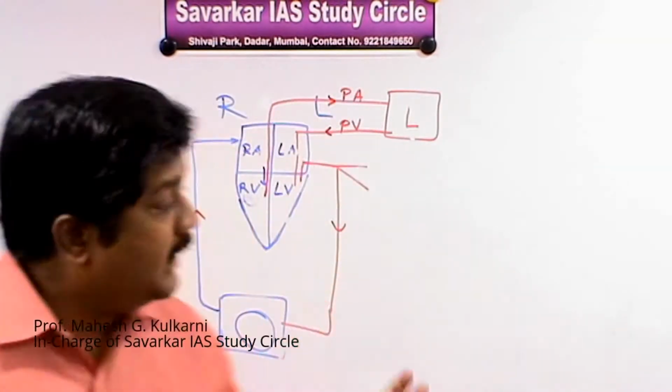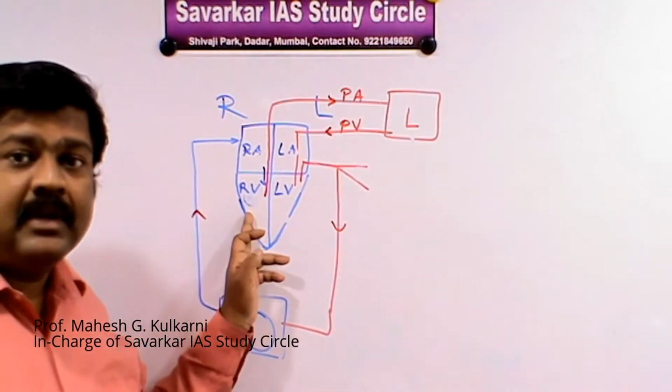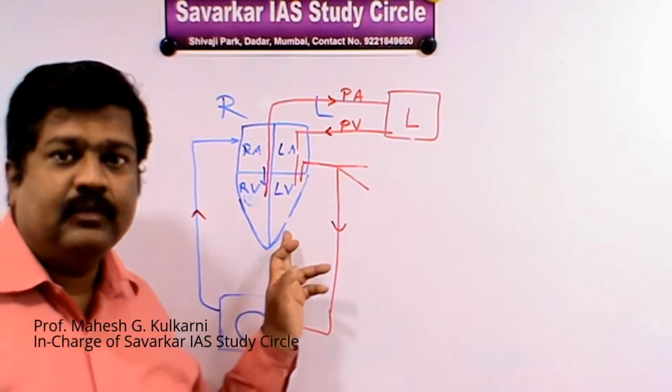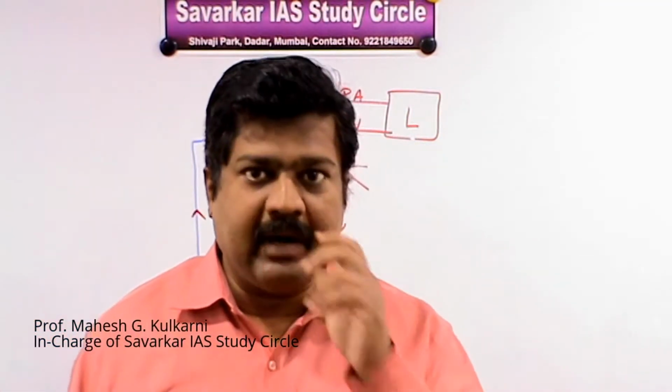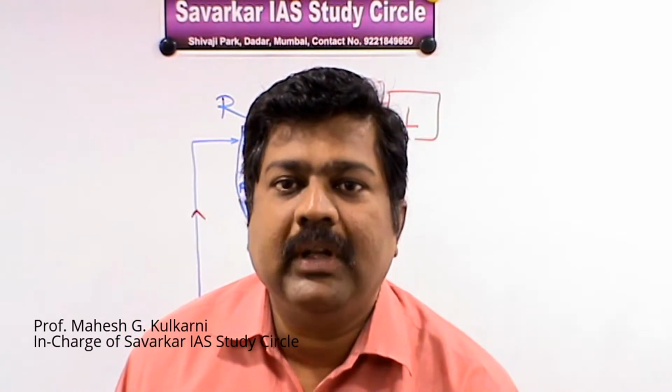So in spite of blood being handled here, this blood is not utilized by the muscles. For the muscles, a transport system is there inside the heart, and the artery which supplies blood to the heart is called the coronary artery. You are aware of various heart problems, particularly cardiac arrest and so on. They are mainly related to this artery, the coronary artery, that supplies blood to the heart.